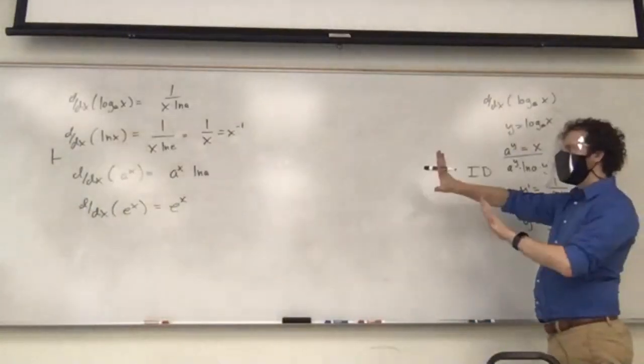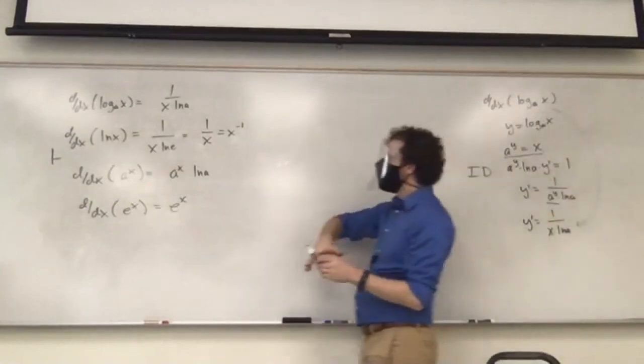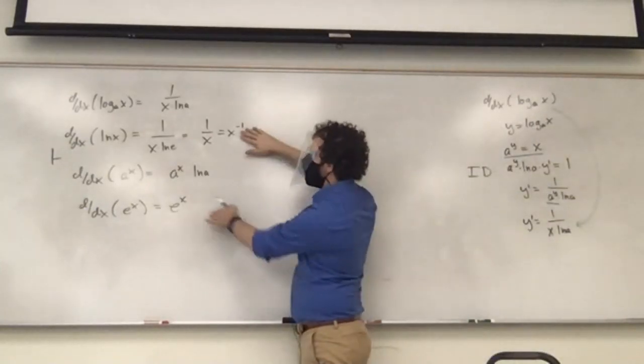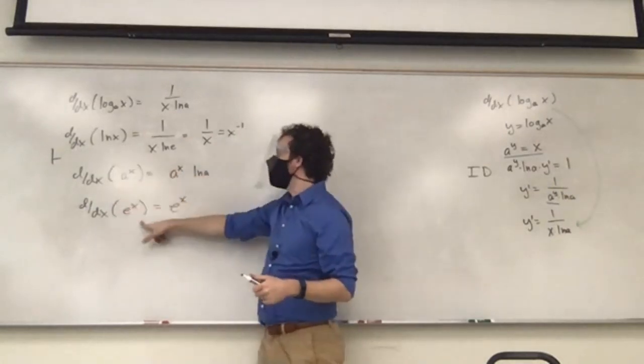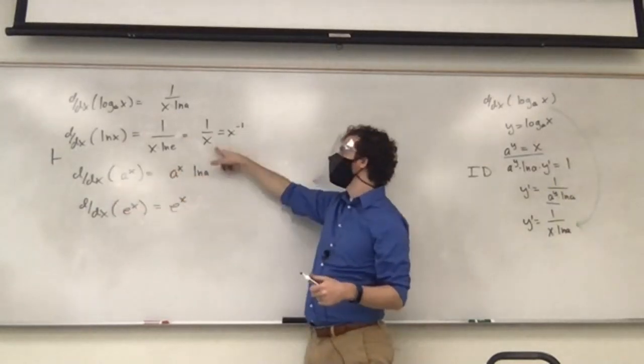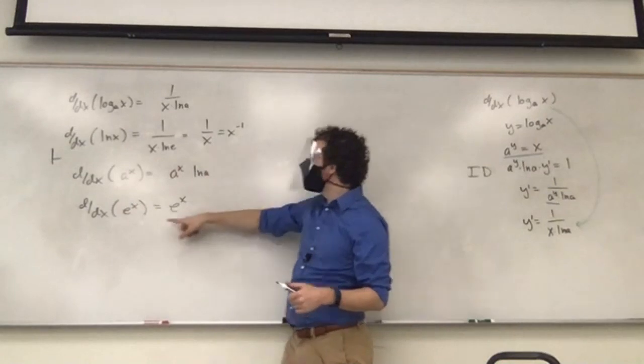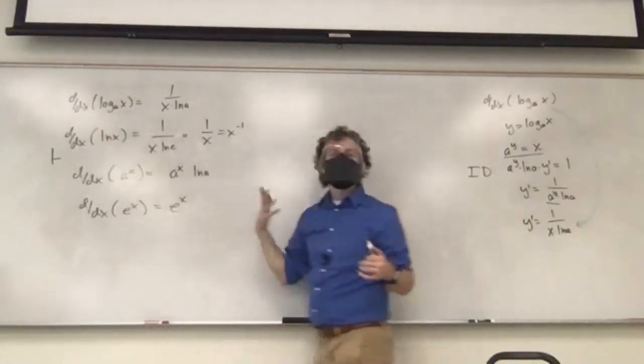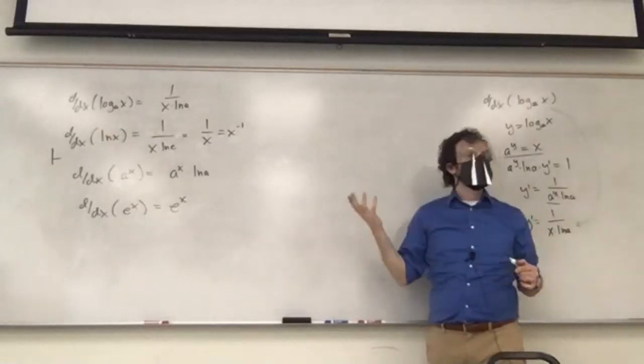So there's a kind of parallel here where the natural log and e to the x have simple derivatives. If you change the base of the exponential function or the base of the log, you have a really similar looking derivative, but with this extra factor.